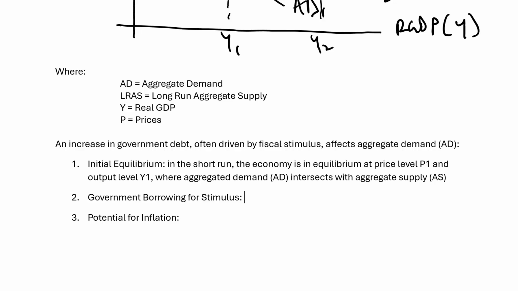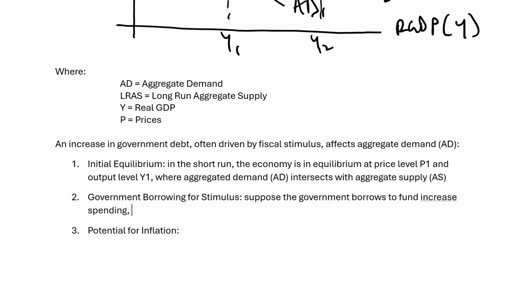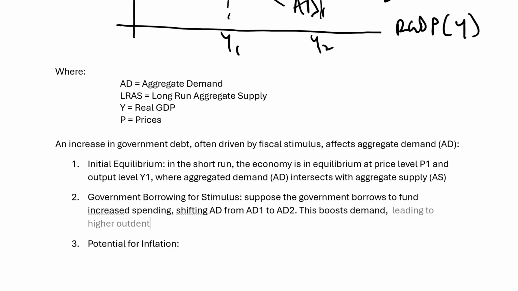Suppose the government borrows to fund increased spending, shifting AD from AD1 to AD2. This boosts demand, leading to higher output, Y2, and a higher price level, P2.